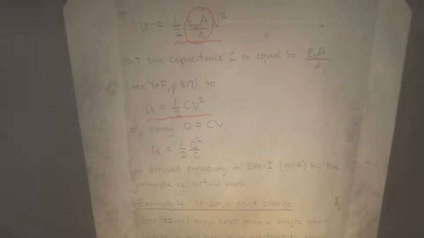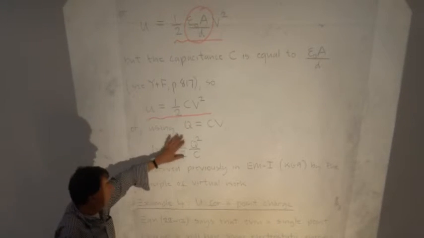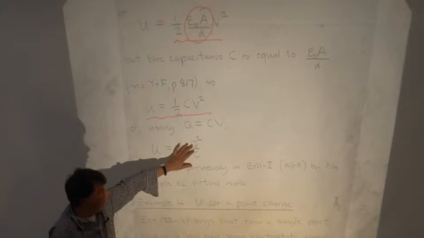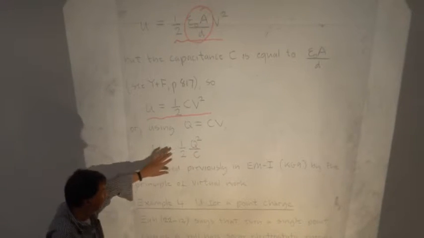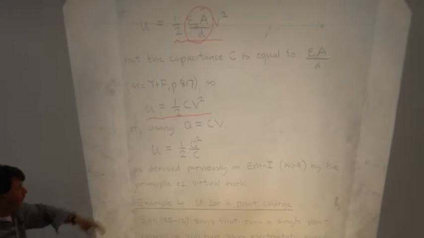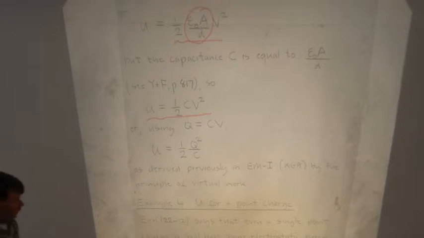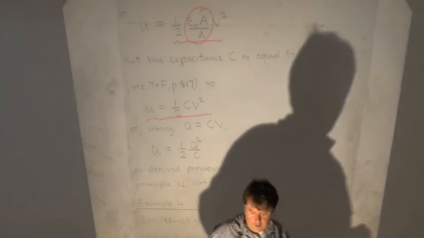In the end, it's a very straightforward manipulation. Some people rearrange it, and indeed in one of this week's problems, I've asked you to obtain that by the principle of virtual work, which is something that you did in the lectures with Kieran last time. So that gives you the energy of a capacitor using this new way of thinking.